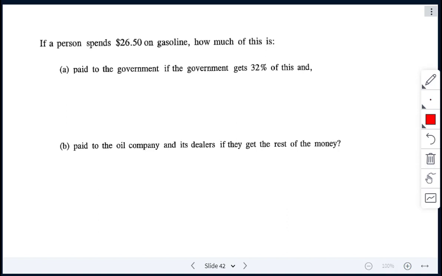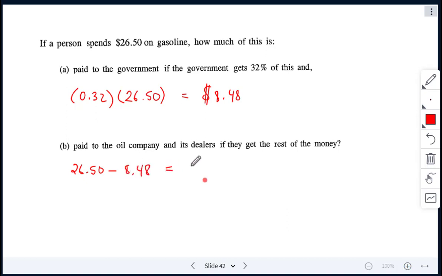We're just going to take the 32%, which is 0.32, and multiply it by 26.50, which gives us $8.48. And then paid to the oil company, we can take the original amount, 26.50, and subtract the 8.48, which gives me $18.02.